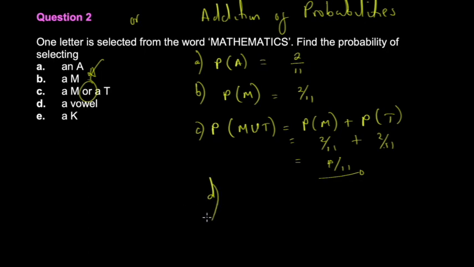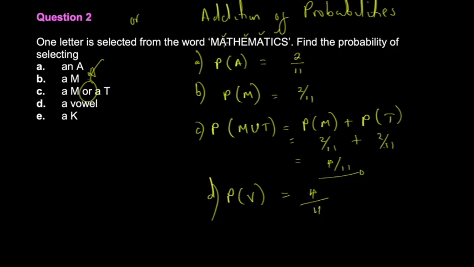And D, you asked what's the probability of getting a vowel. So you have to know how many vowels you have there. So you can say probability of vowel, or just V. It's 1 here, 2, 3, 4. So it's just 4/11.